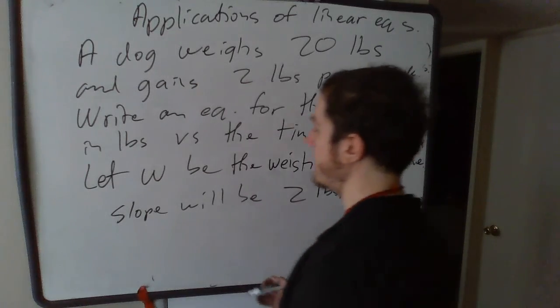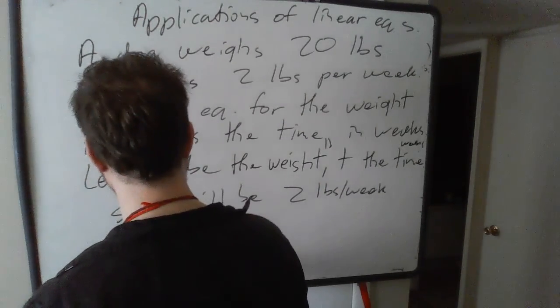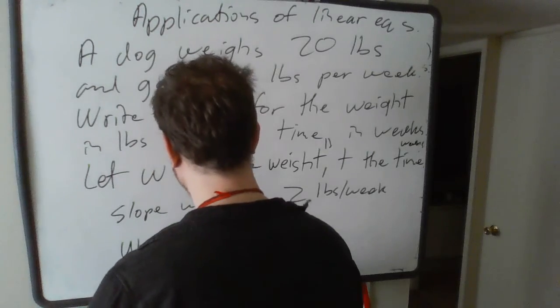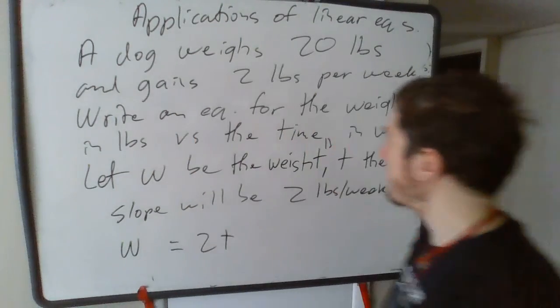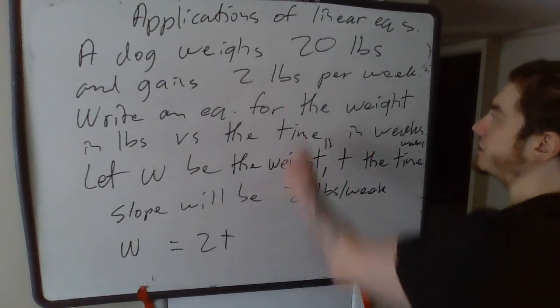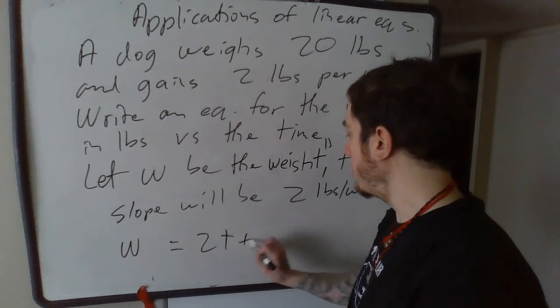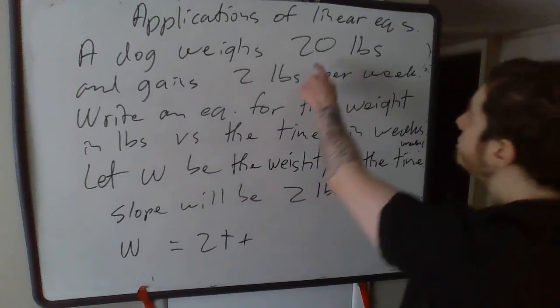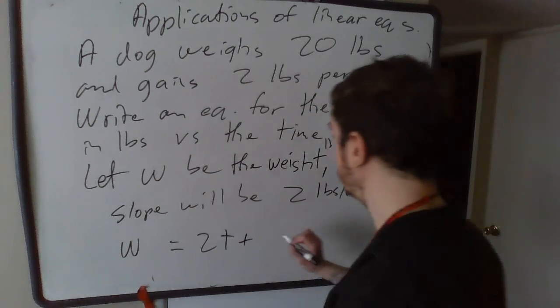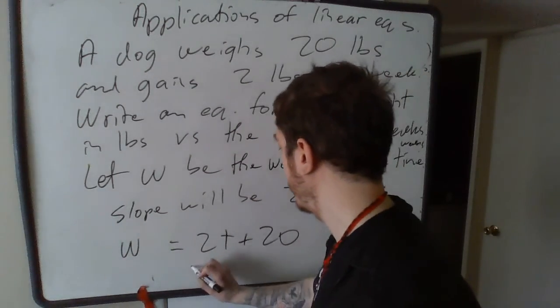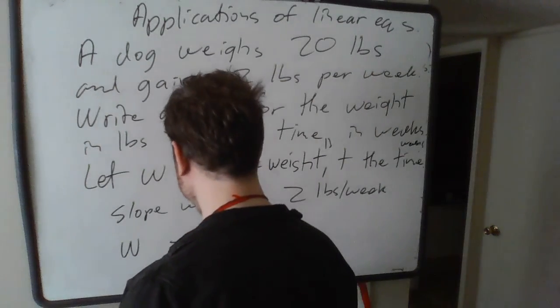So then what we know is that the weight is going to be equal to 2 times the number of weeks, because it increases by 2 per week. But then we have to add on the original weight. And the original weight is going to be 20. So this is the rate of weight gain.